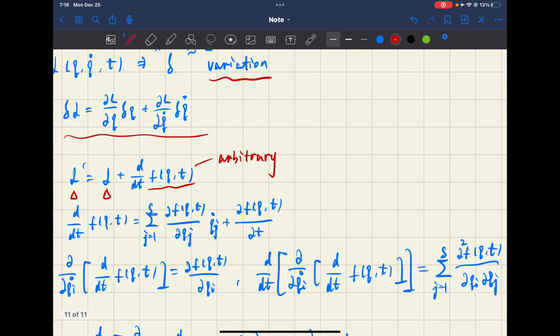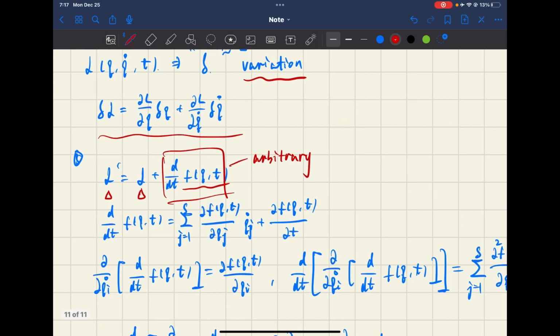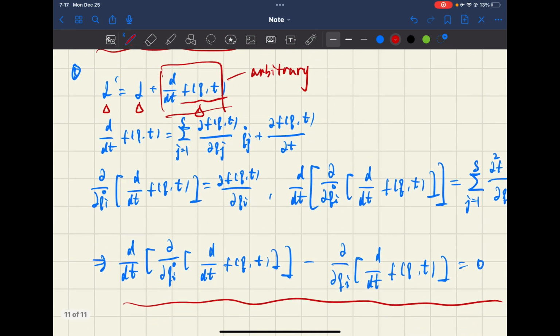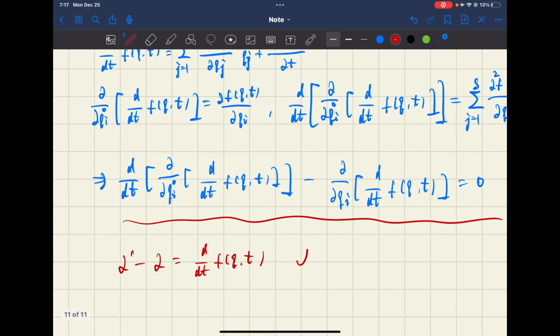This term has no contribution to the increment of the value, meaning the increment will be 0 even if there's a difference of this term. So as long as two Lagrange functions differ by this, the trajectory of the object is still the same. That's basically what this property is all about.